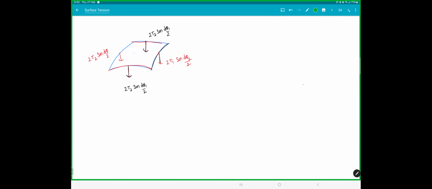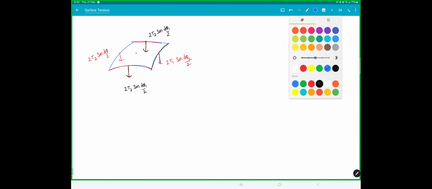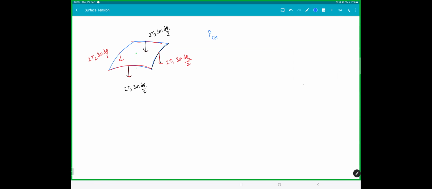And who is balancing this? The pressure difference. So the excess pressure difference, P concave minus P convex, into area. The area of this strip will be length into breadth, which is R1 d theta 1 times R2 d theta 2, since it's a small rectangle.